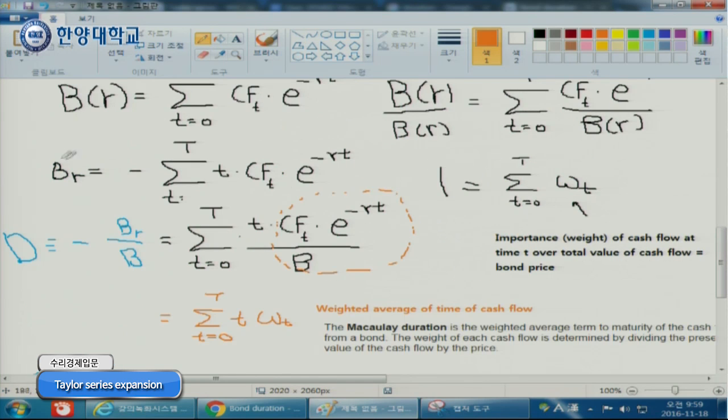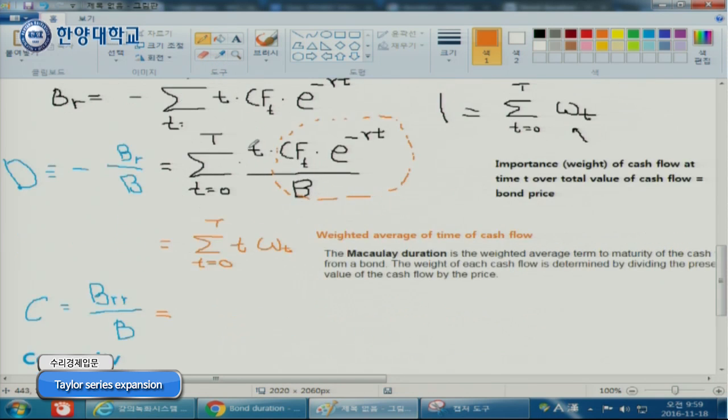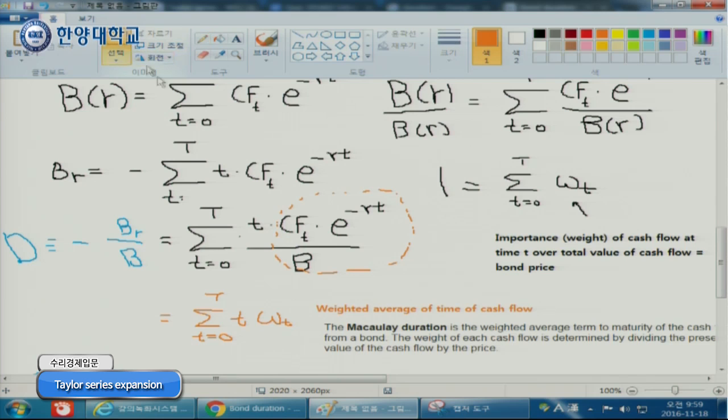Right? BR is this one. So we take the derivative one more time of this one.